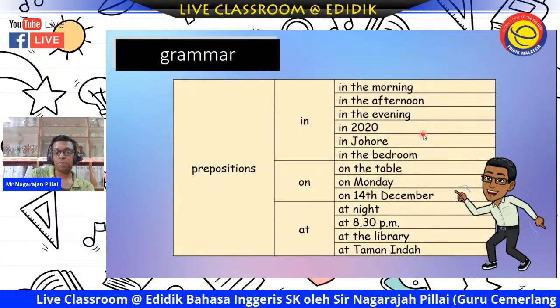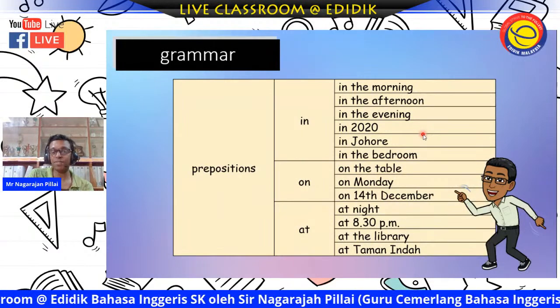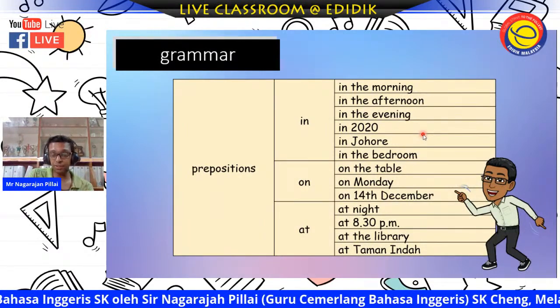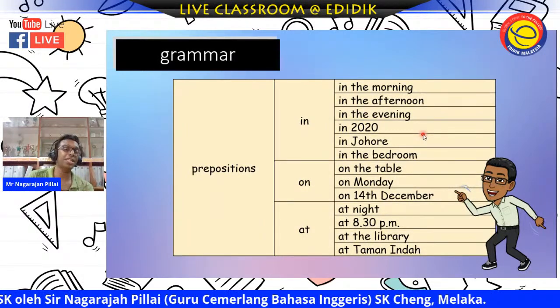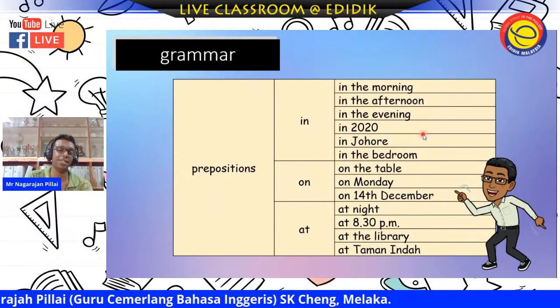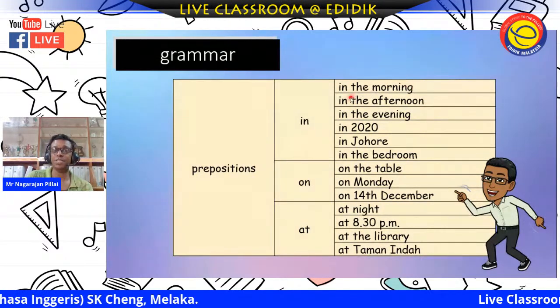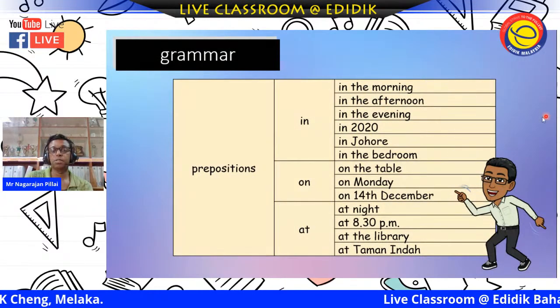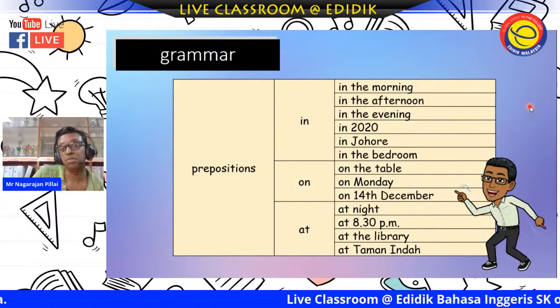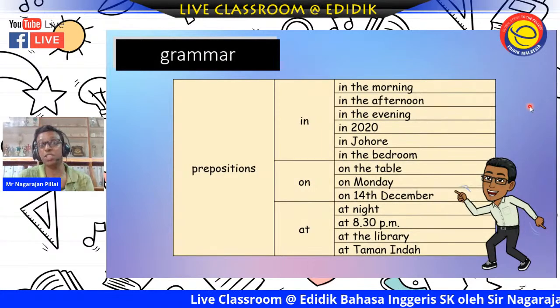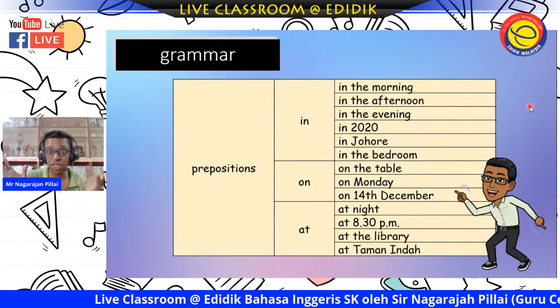Okay, if you have tried some of the past year questions, you might know that we need to use these prepositions in Section A. For example, in is used for in the morning, in the afternoon, in the evening, in 2020 for year.